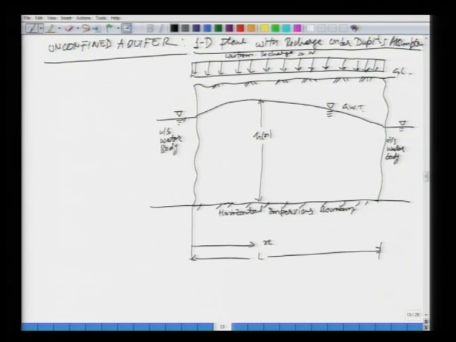The upstream water body has an elevation of h naught like before, and this is h1.